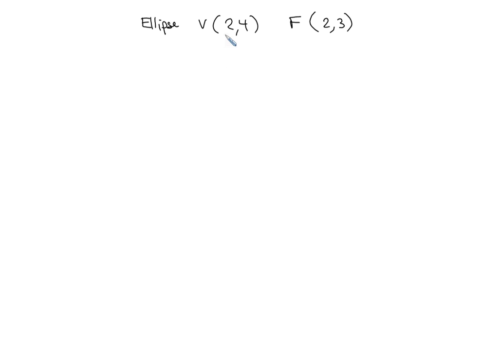Okay? But they're going to have to tell us the other focus. That's going to be the key. So they're going to tell us the other vertex. Let's say the other vertex is going to be at 2, 3. So let's say it's at 2, 6.